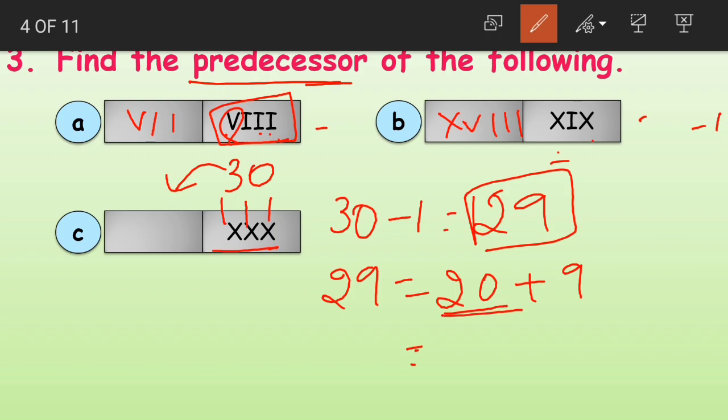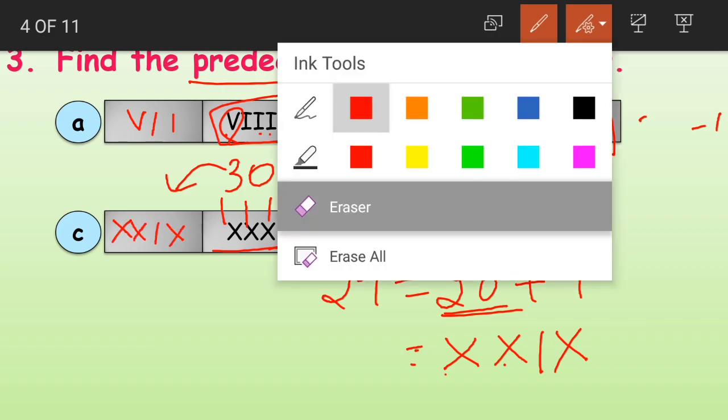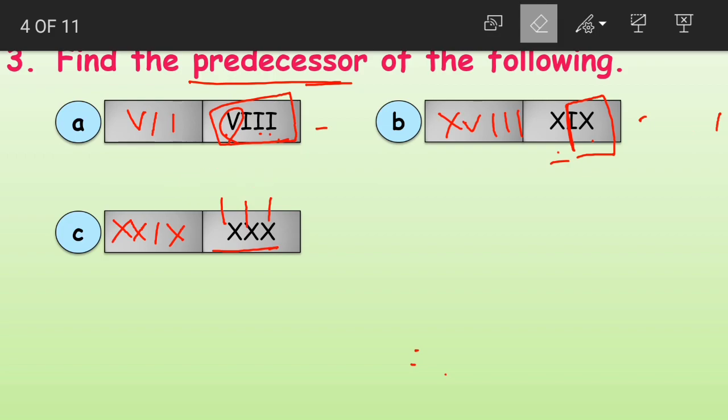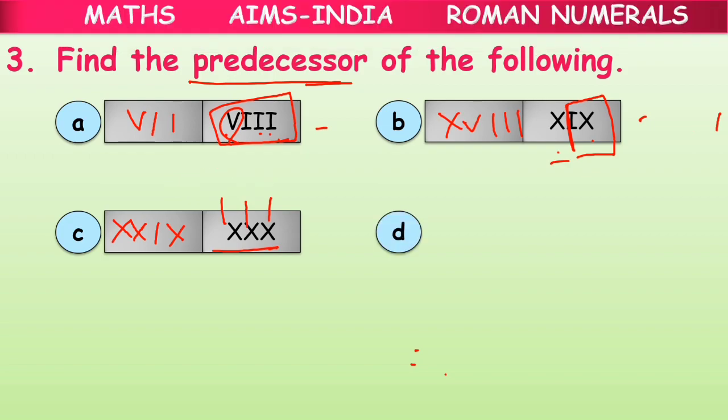Again, how can 20 be written? XX. 10 plus 10 is equal to 20. And just now we saw that IX stands for 9. So 29 will be written as XXIX. XX is equal to 20 and IX is equal to 9. XXIX becomes 29. Clear, children?